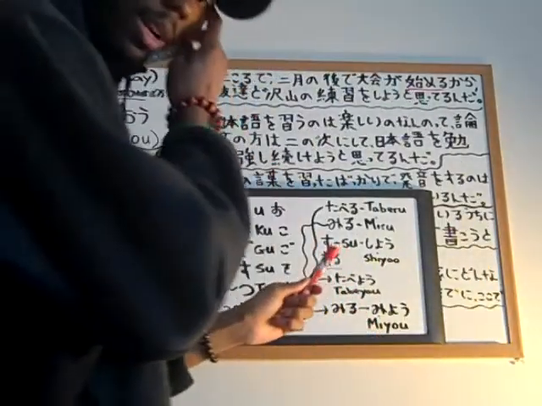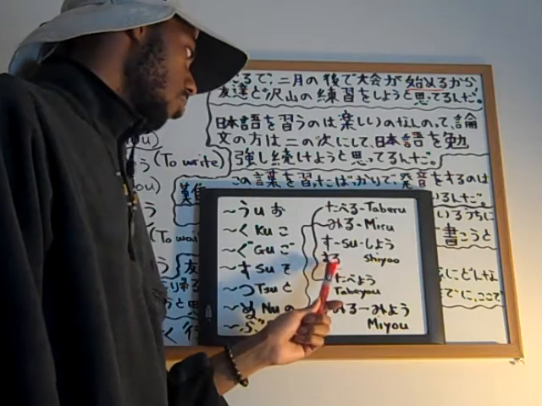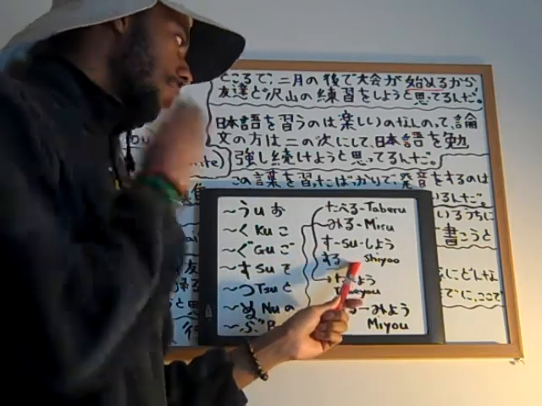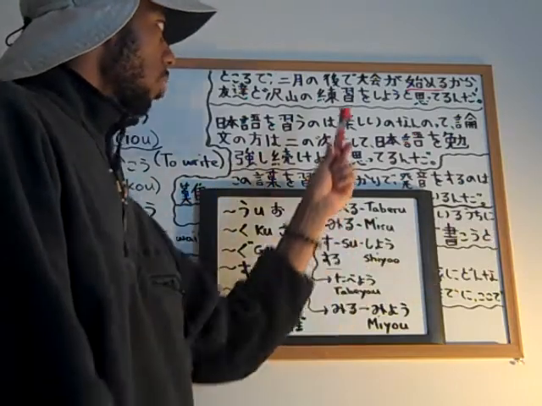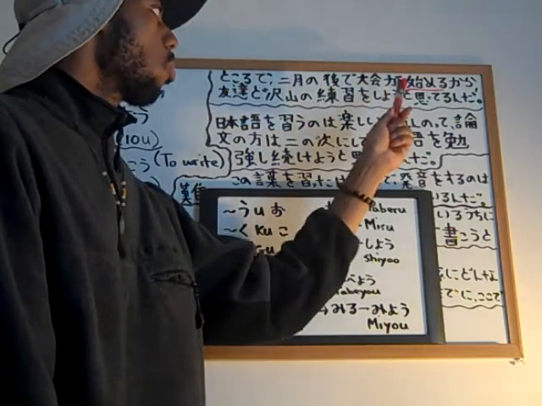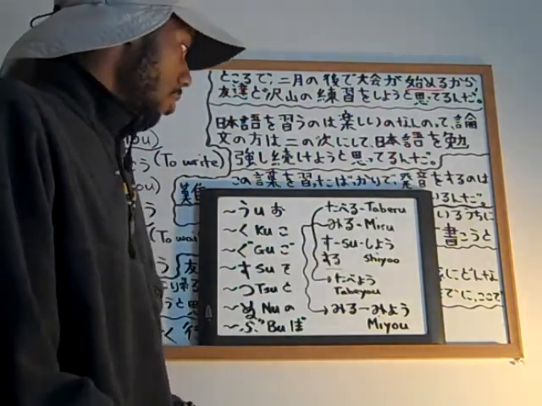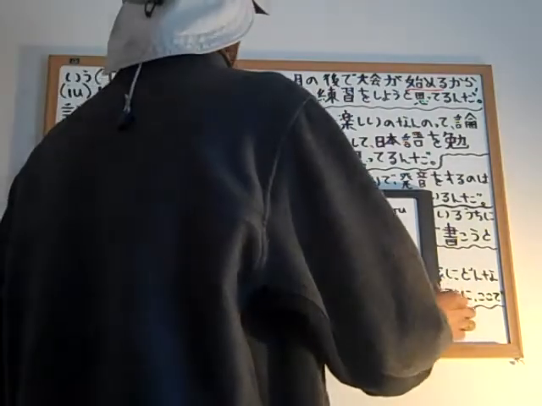And remember, I told you that any verb ending with suru is irregular, so it's going to become shiyou. That's what happened with renshu suru. It became renshu o shiyou to omotte iru nda. Okay, so I'm thinking about practicing. All right.